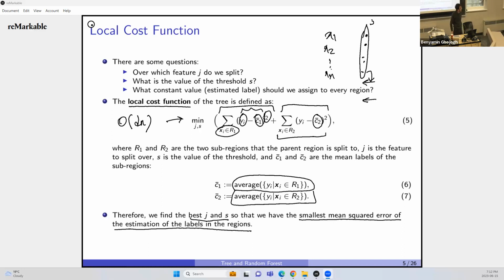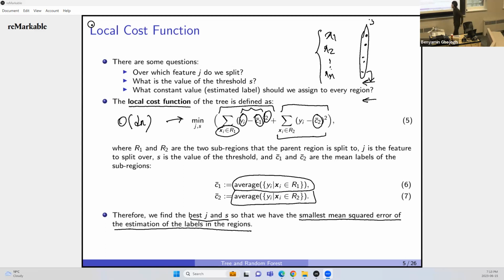We have x1 to xn in the data set, and the Jth feature has some values. If we sort these values, they give us at most n or n plus 1 possible values for the threshold.